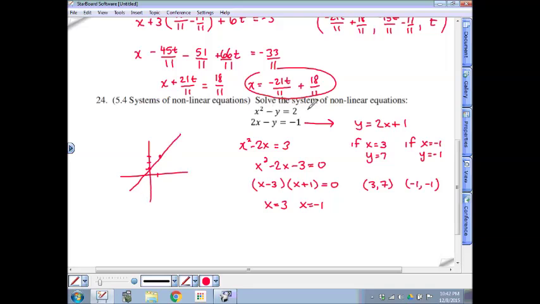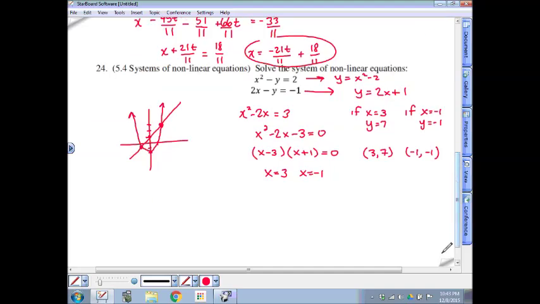This other equation here is just y equals x squared minus 2. So that's a parabola. Like that. So we have an intersection point there of negative 1, negative 1, and an intersection point there of about 3, 7. If I were to graph that a little more carefully, that's what's happening there.